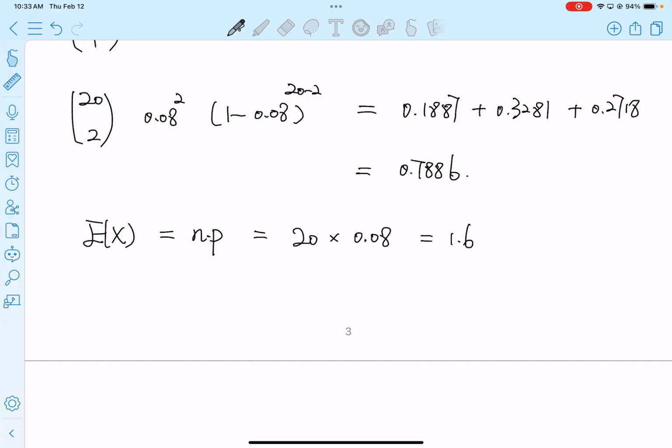So when we look at this probability, which is quite large, it is not counterintuitive, because we are expected to have 1.6 of them defective, and the two kind of verify each other in some sense. The expectation gives us a sanity check on the defective chips and also on that probability, which we think is quite large in this case.